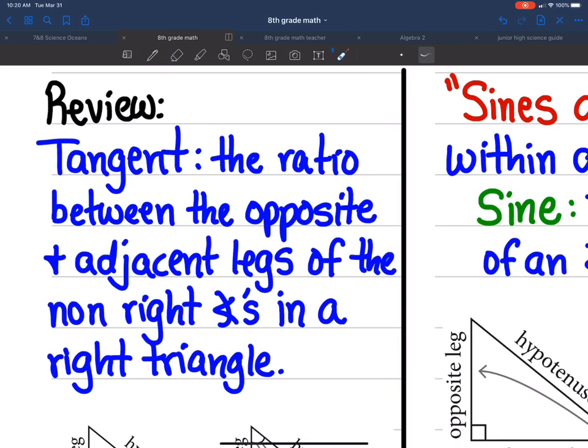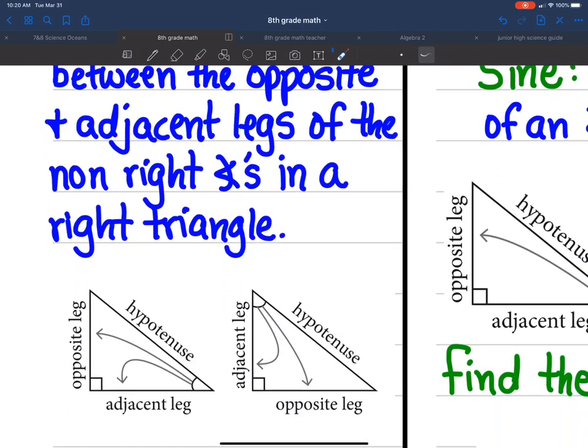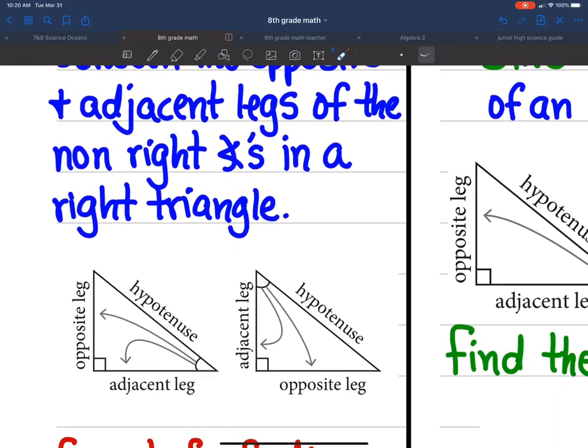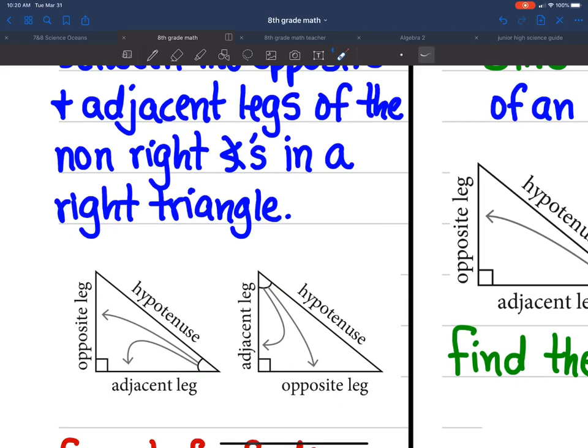And we looked at the tangent in a right triangle. And we said that the tangent is the ratio between the opposite and adjacent legs of the non-right angles in a right triangle. So when we are talking about the non-right angles, we're talking about these angles right here.